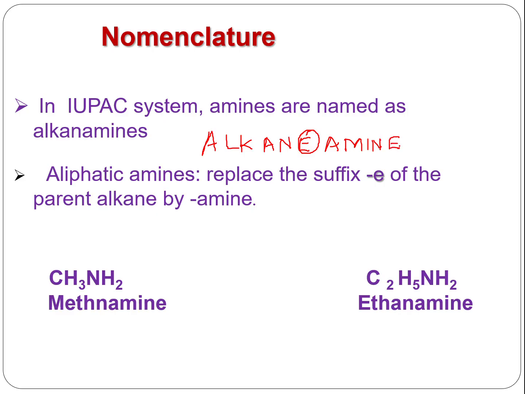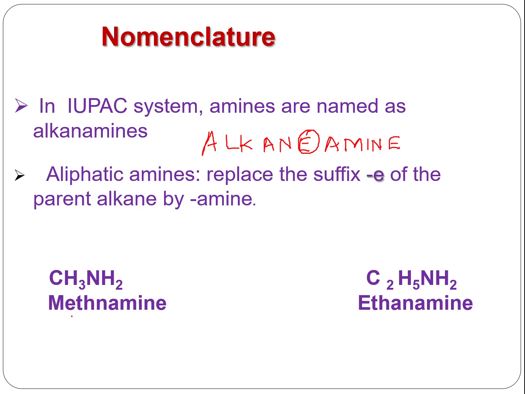So it will be called alkanamine. Alkanamine is written for amines which have alkyl groups. The alkane's name is written first and then the suffix amine is given. The E of the alkane is substituted by amine.